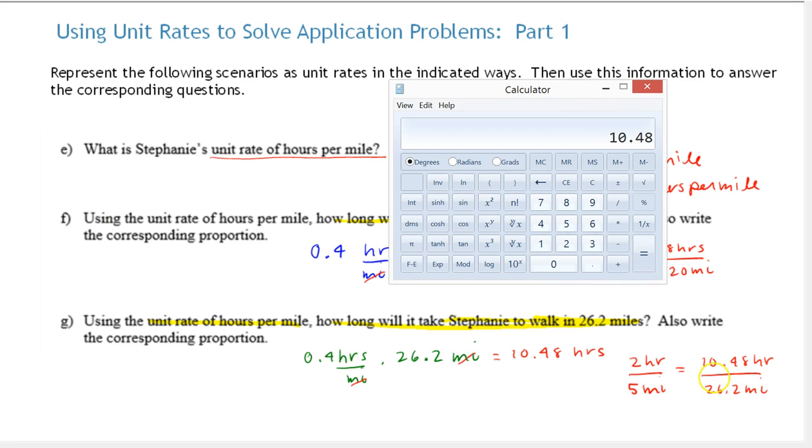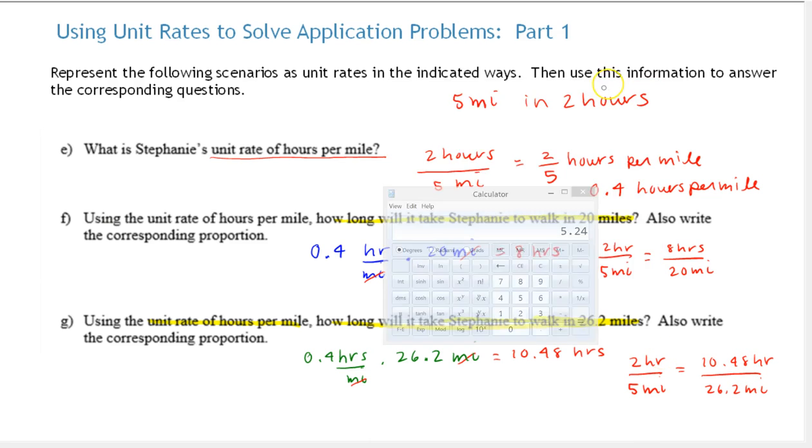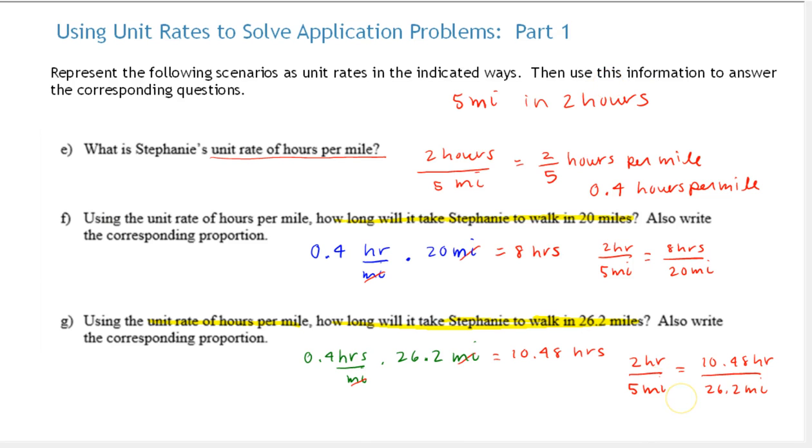We could find it by dividing, so 26.2 divided by 5. So this is 5.24 times as large as 5, and 10.48 is 5.24 times as large as 2 hours. So that's the idea behind being proportional, is that two ratios are equal, and there's that factor that you can multiply one fraction by, in the numerator and denominator, to get the other.